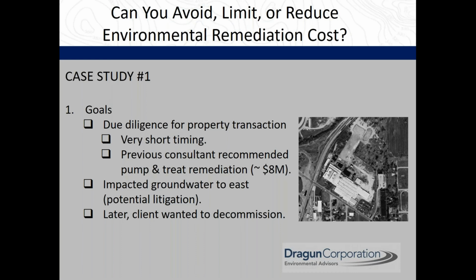And not only was it an expensive remediation, but there was a residential subdivision to the east or to the right of this site where the people used groundwater and it was contaminated with TCE. So our property was a source, the neighbors had TCE, and the regulators were involved, so it was not a good thing.